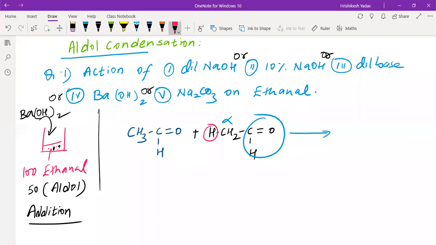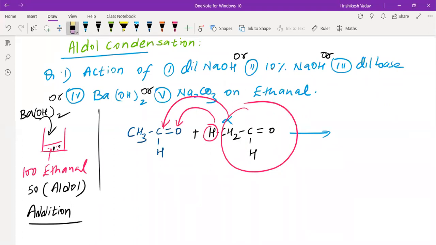In this reaction, alpha hydrogen atom is must, because this alpha hydrogen atom gets attached to carbonyl oxygen of other aldehyde molecule, and similarly this alpha carbon gets attached to carbonyl carbon of other aldehyde molecule. And now we'll see what happens after this addition.